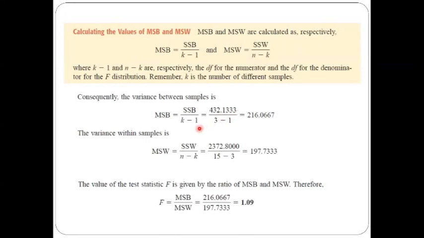And yung 1 dito is as is lang siya sa formula natin. So therefore, the value for the MSB is 216.0667. And then for the variance within the sample, or the MSW, formula natin again is the SSW over the N minus K. The value for the SSW is 2,372.80.